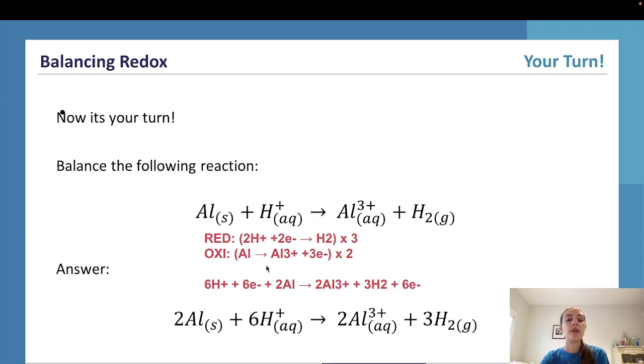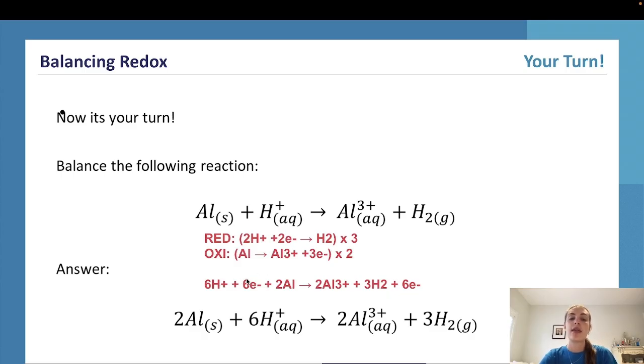So we can put all of the reactants on one side and all of the products on the product side. And so we'll get 6 hydrogen ions plus 6 electrons plus 2 aluminium makes 2 aluminium 3 plus plus 3 hydrogens plus 6 electrons. And then we can cancel out any double ups that we have on both sides.